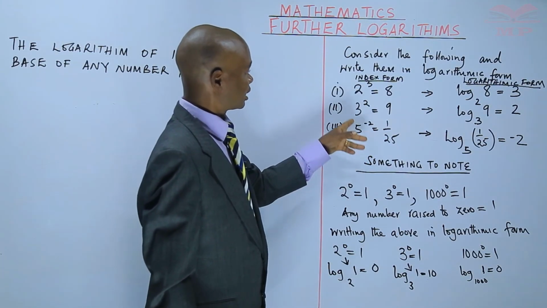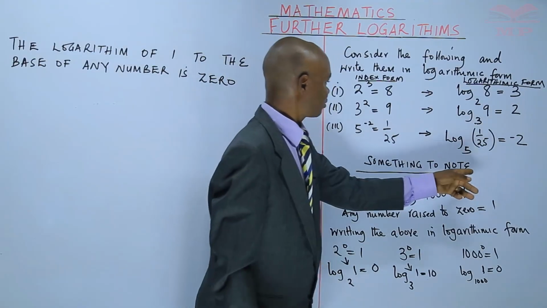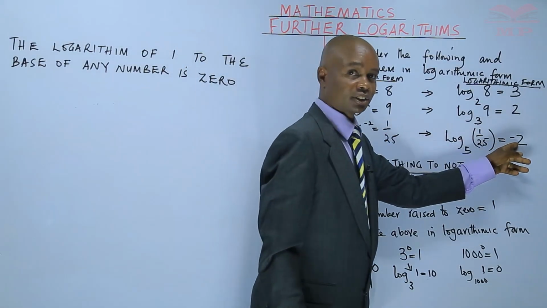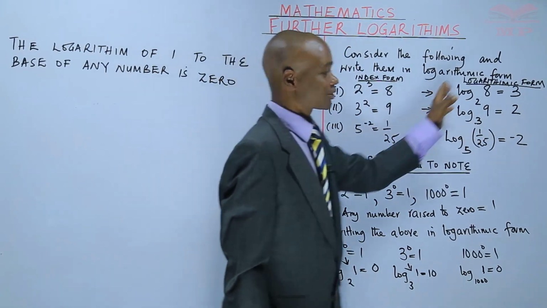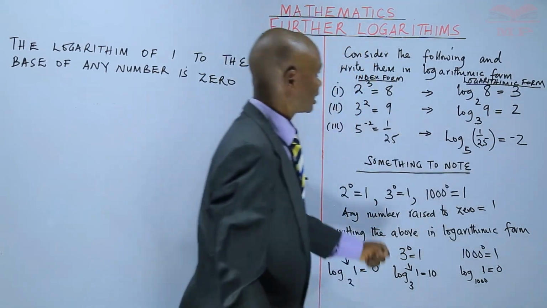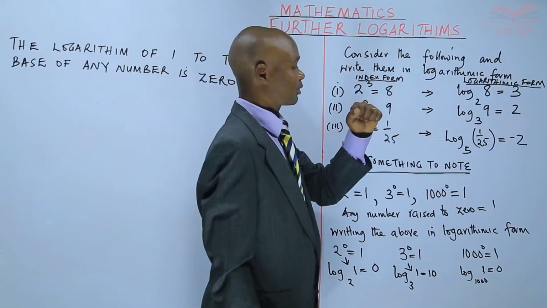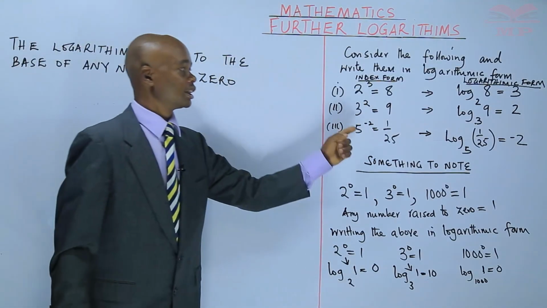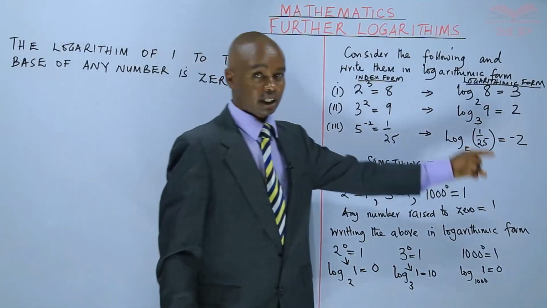So you say the logarithm of 1 over 25 to the base 5 is -2. You'll find this power now goes to the right hand side. So the basic thing we wanted as an objective is changing from index form to logarithmic form.